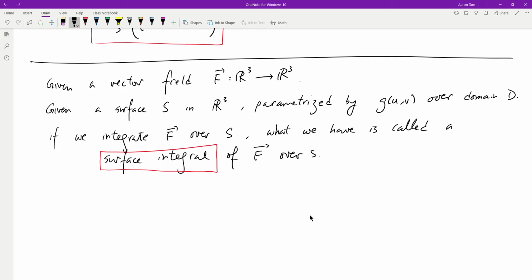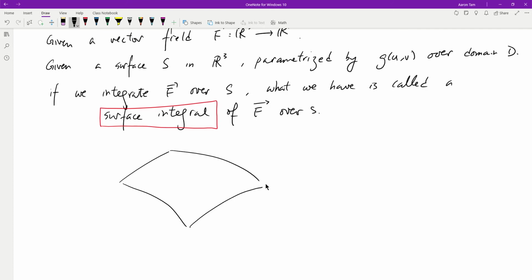Okay, so how do we actually do that? Let's try to understand what's going on. Imagine that we have this surface, and I'm going to purposely draw it so that it's not flat.